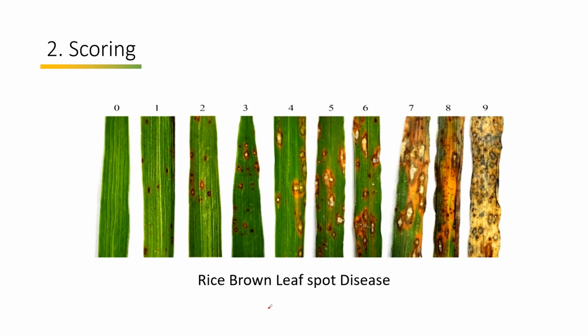If there is no spot in the leaf, we put it in score 0. And when almost all of the leaf already has spots, it will be scored as 9. It helps us calculate the percentage of lesion per the size of the tissue.